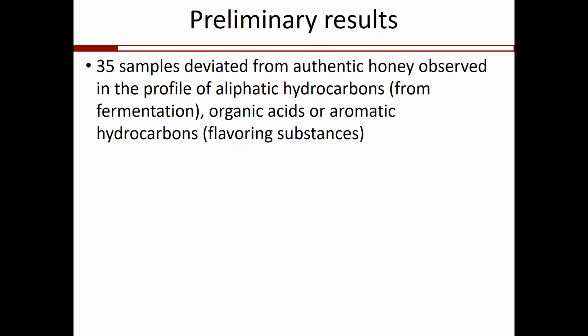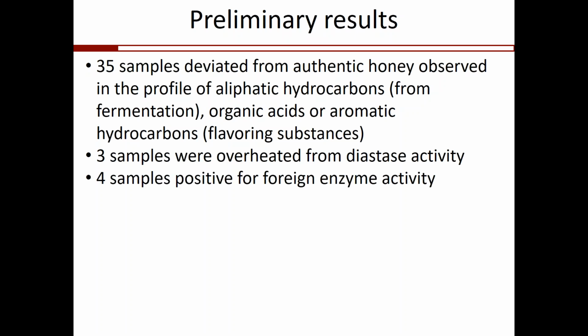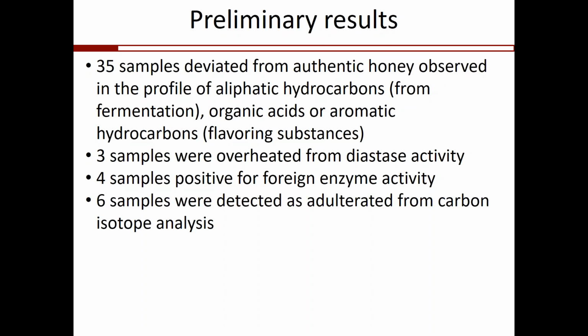But to sum up what we're seeing, we had 35 samples that deviated from authentic honey in the profile of aliphatic hydrocarbons, which would be from fermentation, and also from organic acids or aromatic hydrocarbons, which would be from flavoring substances. 3 of our samples were overheated, as suggested by the diastase activity. 4 samples were positive for foreign enzyme activity, the amylase B and C. And 6 samples were detected to have C4 sugars, flagged as adulterated by the carbon isotope analysis.